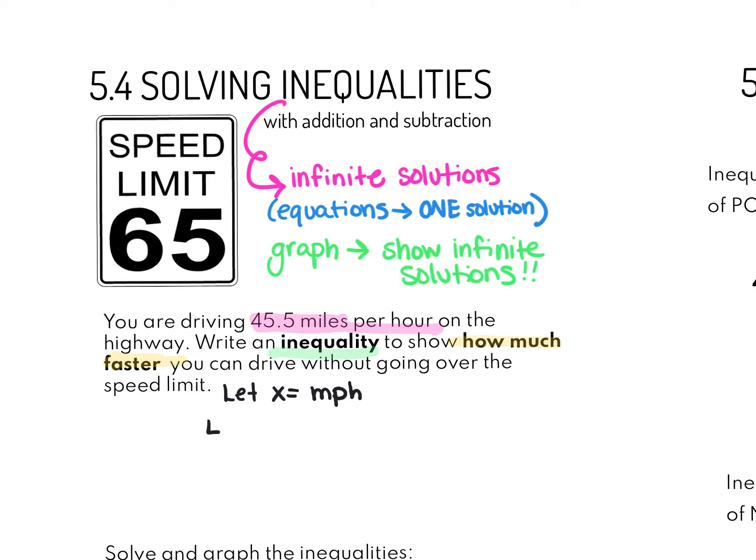Right now we are at 45.5 miles per hour, plus we can add something so that we don't go over 65. So not going over 65 means we can go less than or equal to 65 miles per hour. There's lots of different answers to how much faster we can go, and this is why it's an inequality.